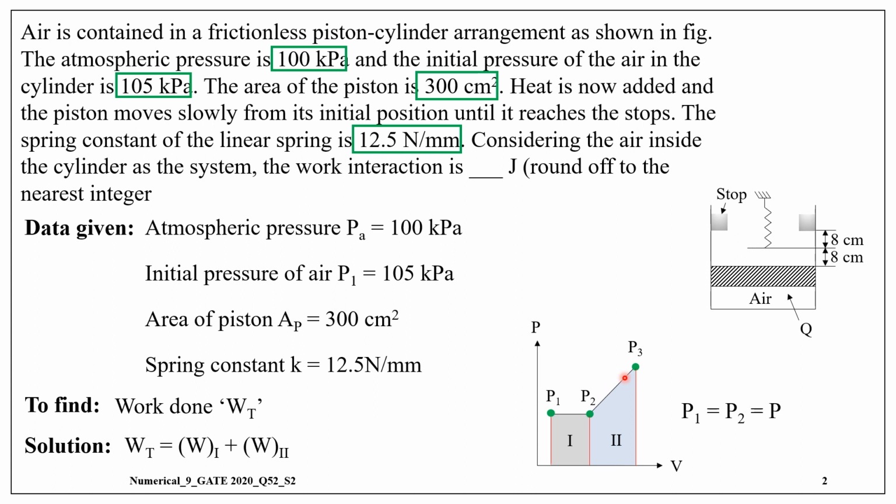Therefore, the total force against which the piston moves is the air pressure P and the pressure offered by the spring. P2 to P3 is linear because it is given in the problem statement as linear spring.